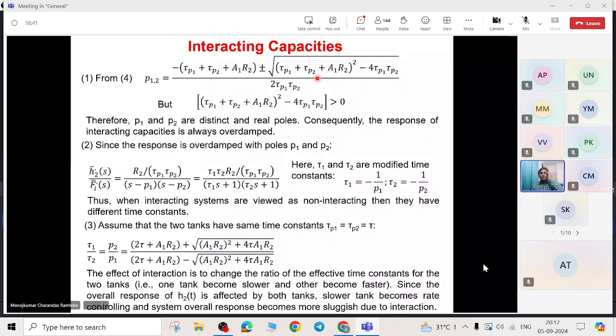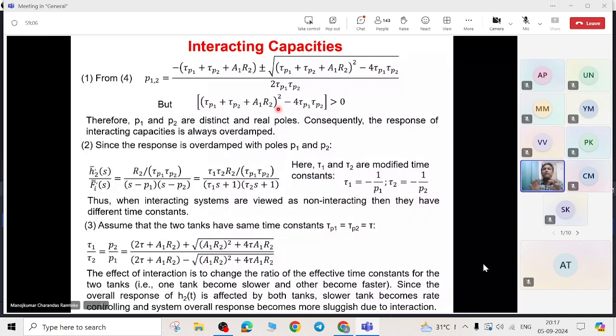Okay. So when this term is always positive, my roots are real and distinct, isn't it? Now let's say I wanted to represent this interacting system in terms similar to the non-interacting system.